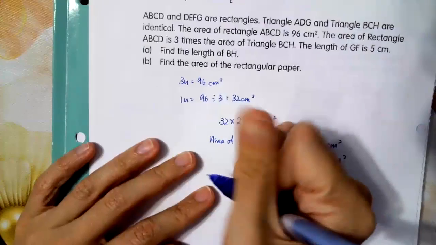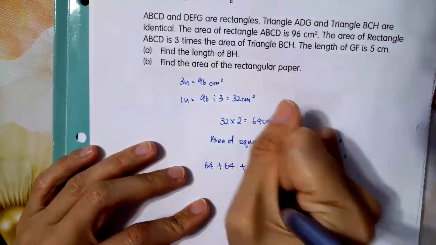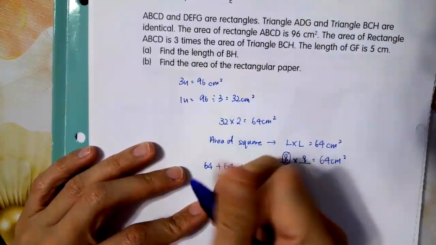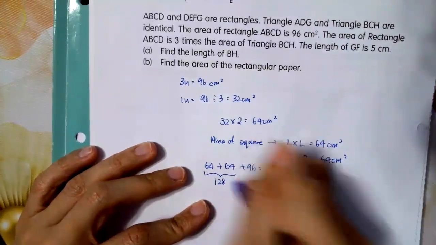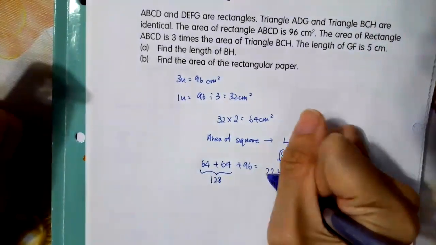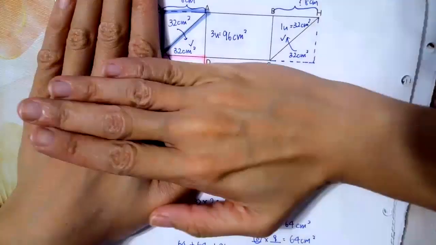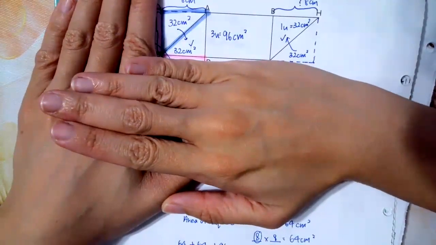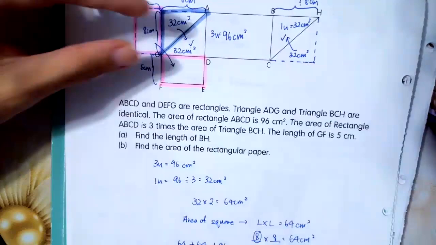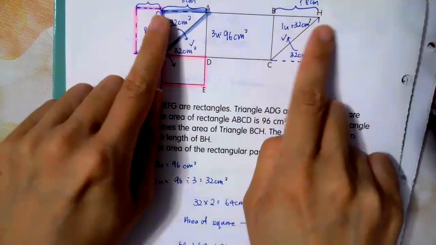So I'm going to put it together. I'm going to take 64 plus 64 plus 96. 64 plus 64 is 128. So 128 plus 96 is actually 224 square centimeter, for this rectangle here. Since I know here this is 8 cm, I'll be able to take the entire area divided by 8 cm to give me the length here.